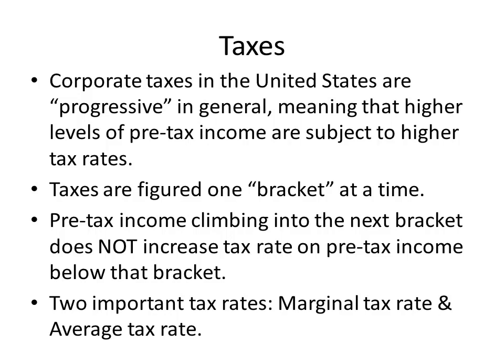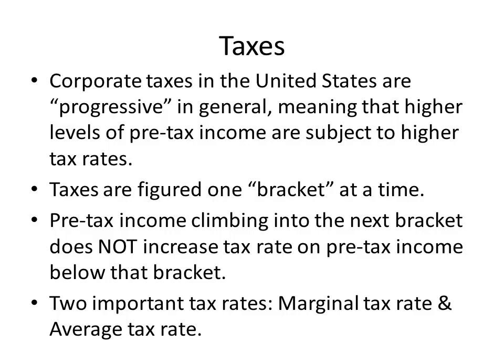Corporate taxes in the United States, similar to personal taxes, are progressive in general, meaning that higher levels of pre-tax income are subject to higher tax rates. The taxes are figured one bracket at a time. The pre-tax income climbing into the next bracket does not increase tax rate on pre-tax income that occurred below that bracket.